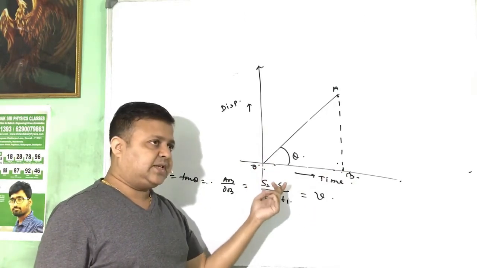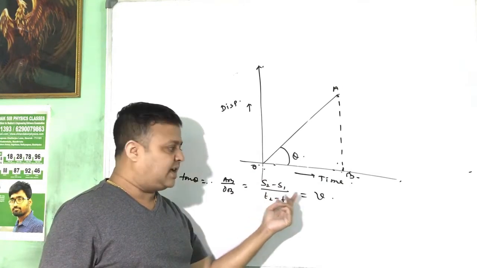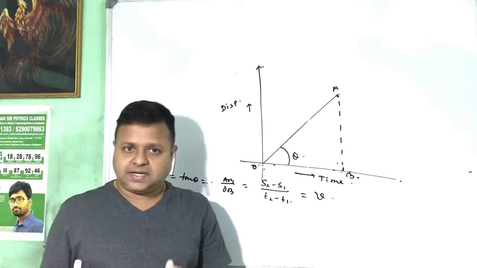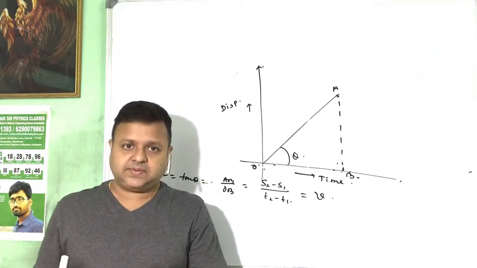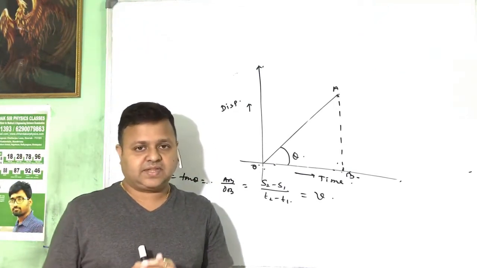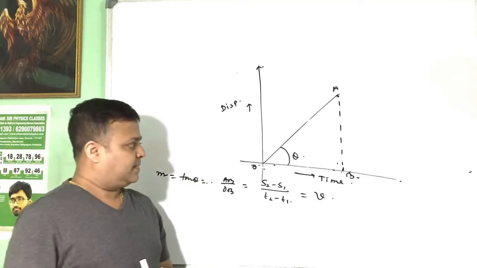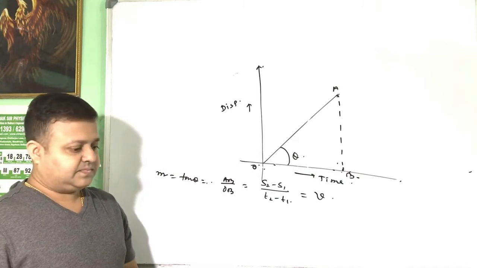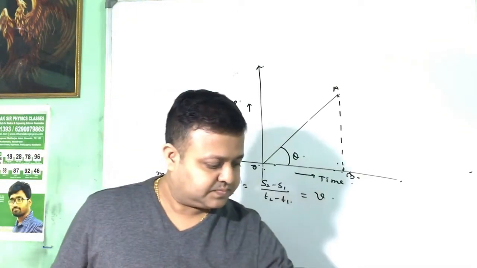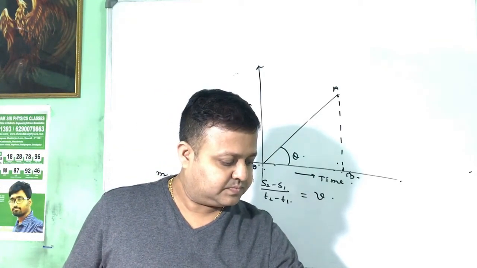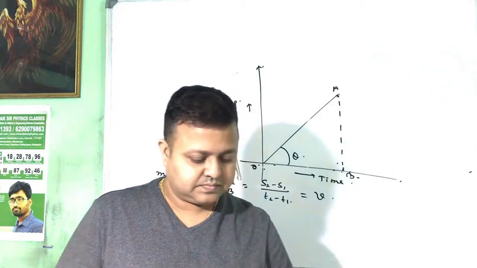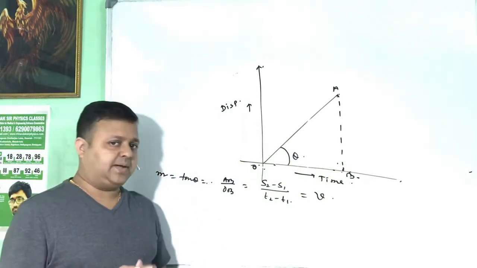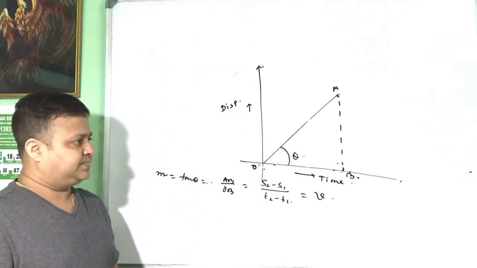So change in displacement per unit time by change in time, which is called the velocity of the body. তার মানে slope of the displacement time curve gives the velocity of the body.